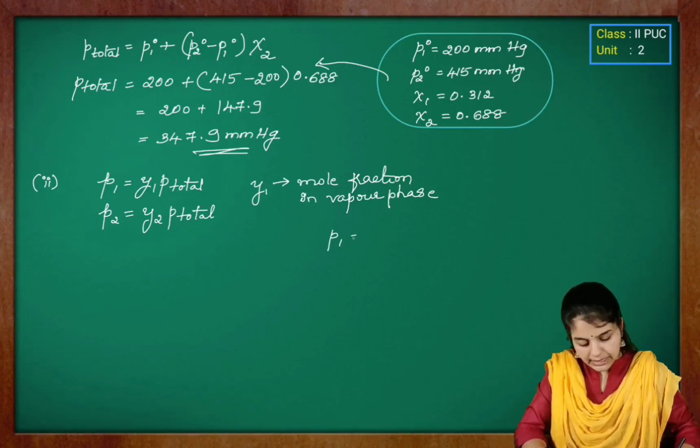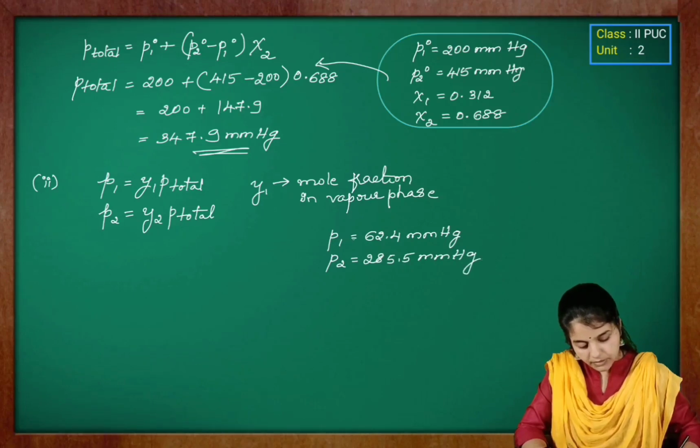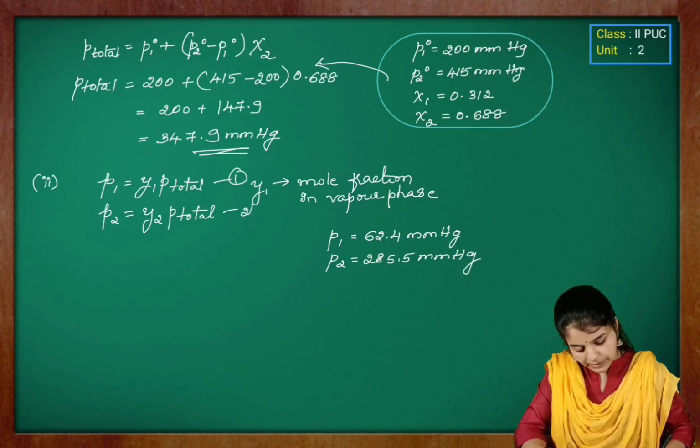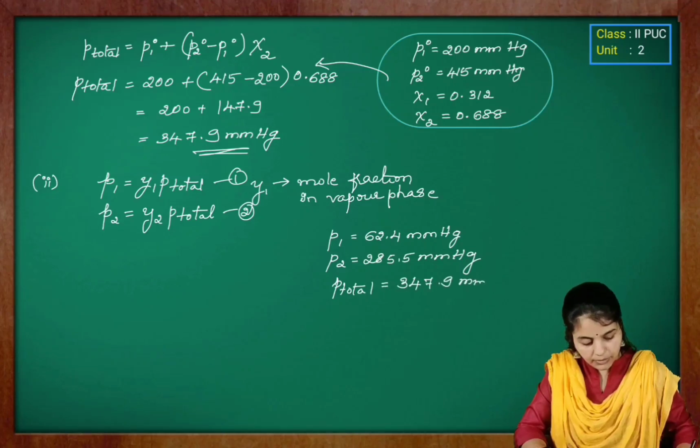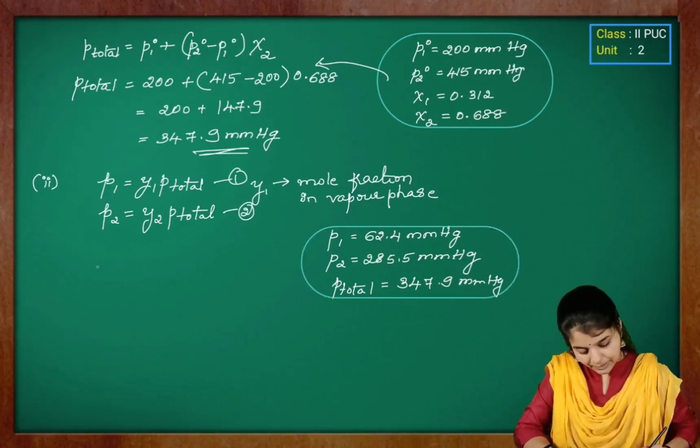We have just calculated P1 and P2. So P1 is 62.4 mmHg and P2 is 285.5 mmHg. So now we shall substitute these values into equation 1 and equation 2. Also we have calculated P total, that is equal to 347.9 mmHg. So now in the vapor phase we can calculate the mole fractions.